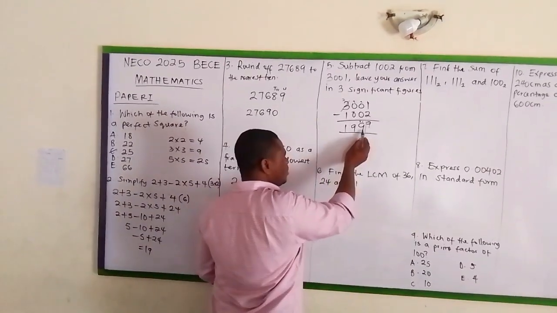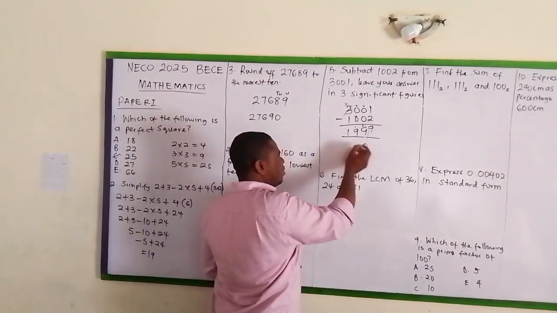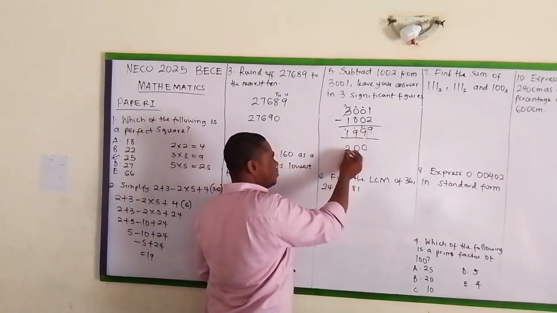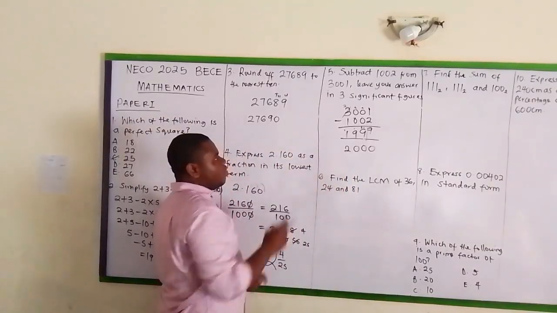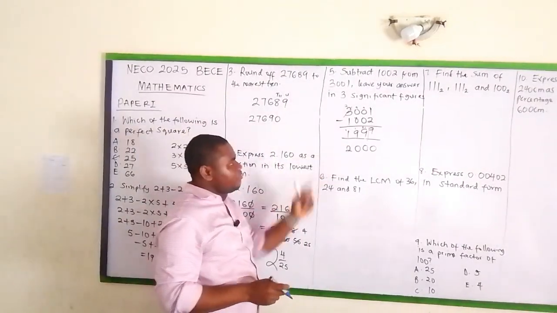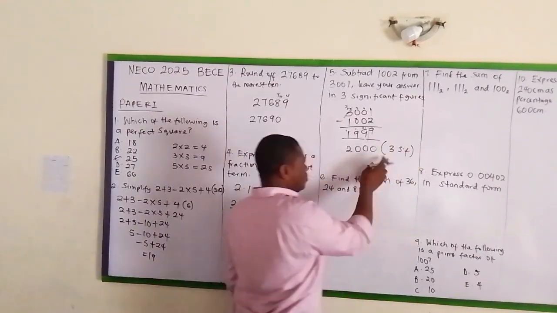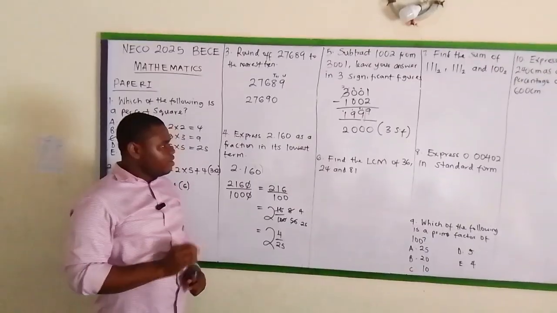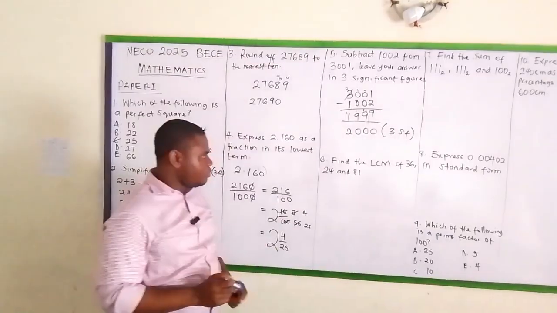If I add 1 to this, it will be 10, 0 and carry 1. 1 plus 9 is 10, 0 and carry 1, this will be 2. So at the end of the day, 1999 in 3 significant figures will give us 2000.